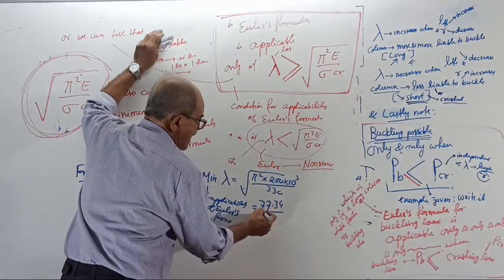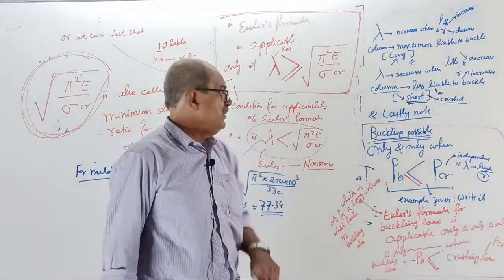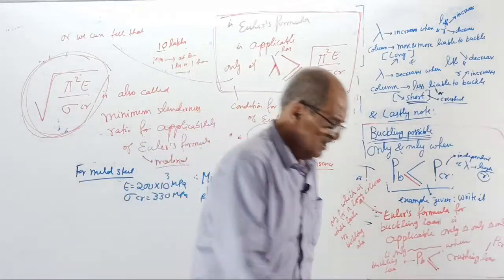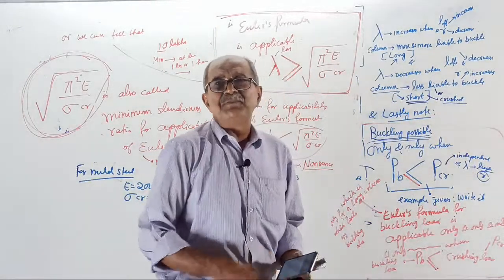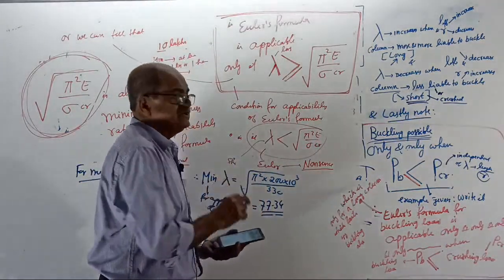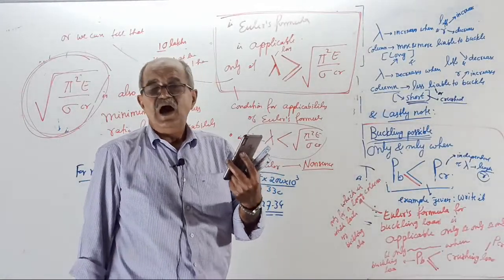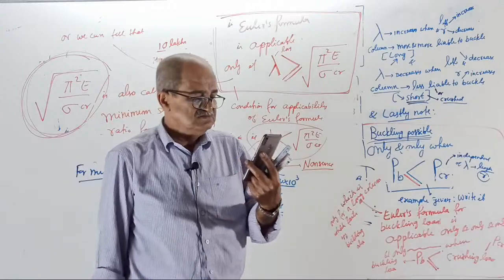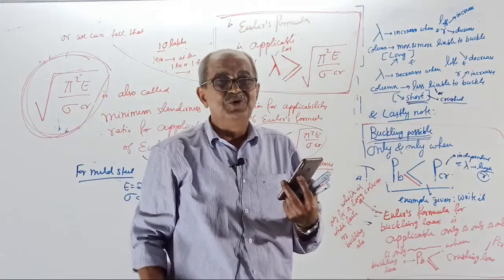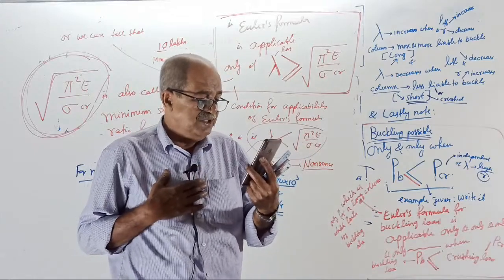So if you have a mild steel column, you can apply Euler's formula only if lambda is either 77.34 or more, that is, your slenderness ratio is either 77.34 or more. But do you want more? Tell me. Do you want more lambda?